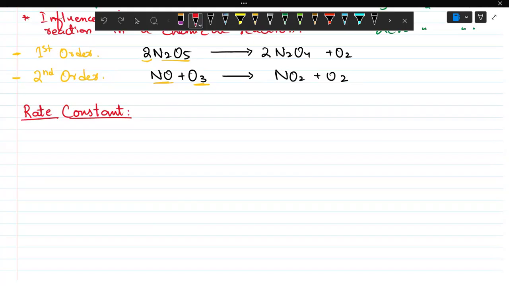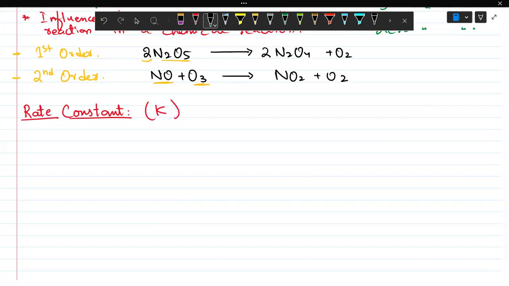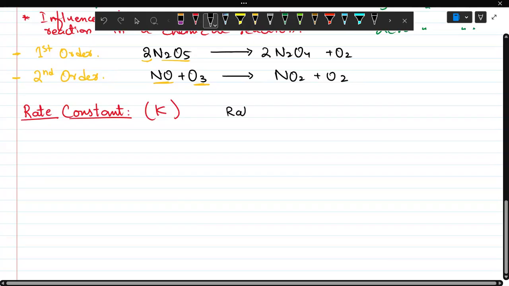What is rate constant? A rate constant is the K. You saw in the equation earlier, the rate equation. Remember this equation? Yes sir.